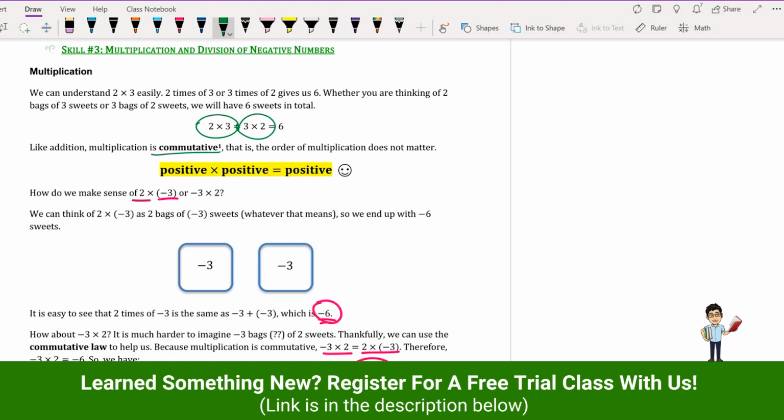That's called commutative. But wearing socks and wearing shoes is not commutative. You must wear your socks first, then your shoes. You cannot wear your shoes first, then your socks. Doesn't make sense. So commutative means the order doesn't matter. That is an important point, even though this is lame. 3 times 2 is the same as 2 times 3, which is 6.